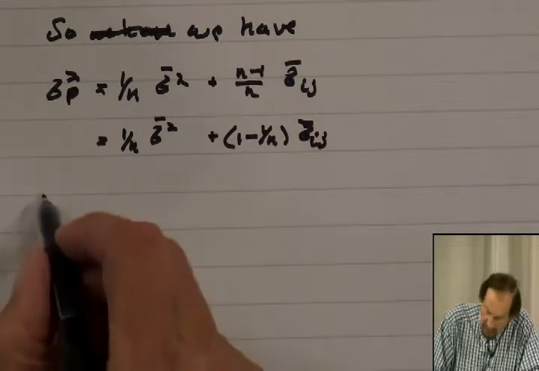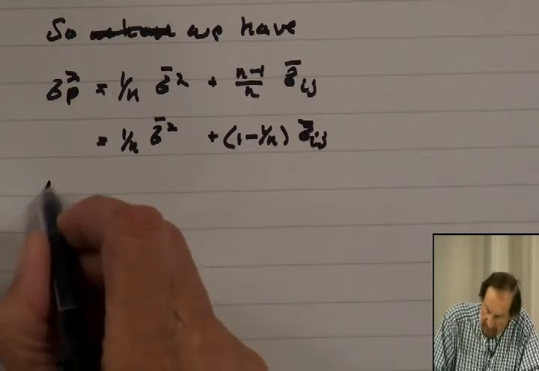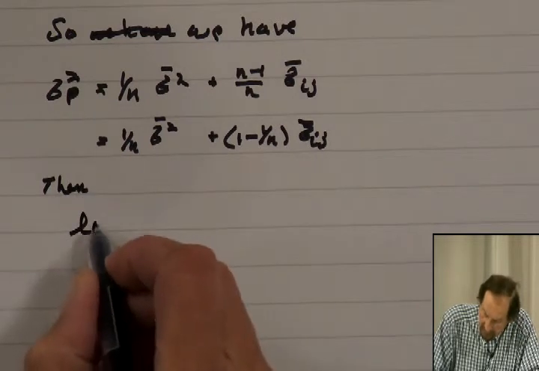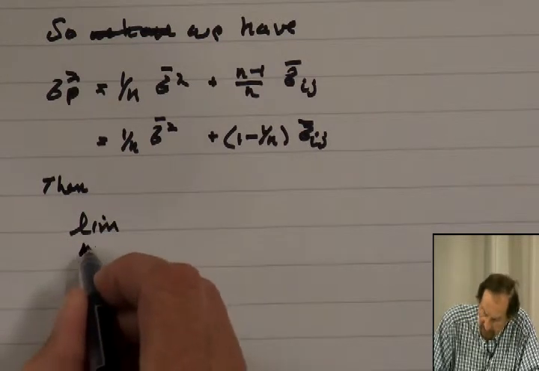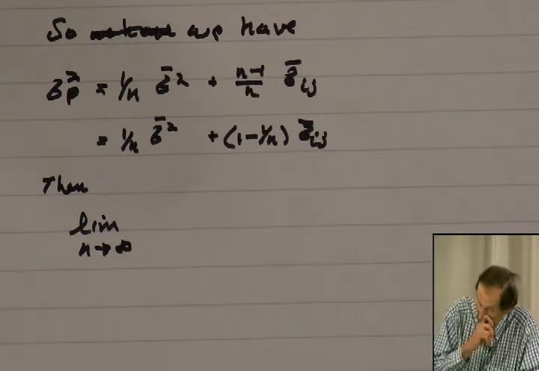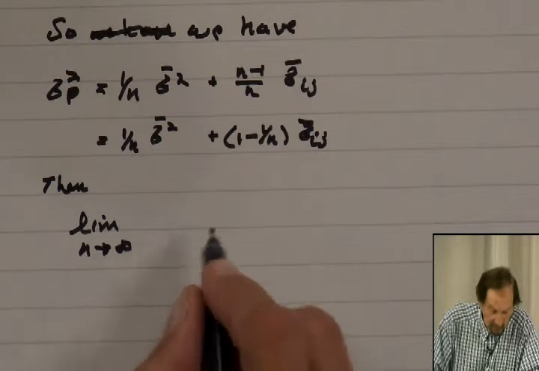So the limit as n goes to infinity, as the number of stocks in our portfolio goes to infinity, equals what?